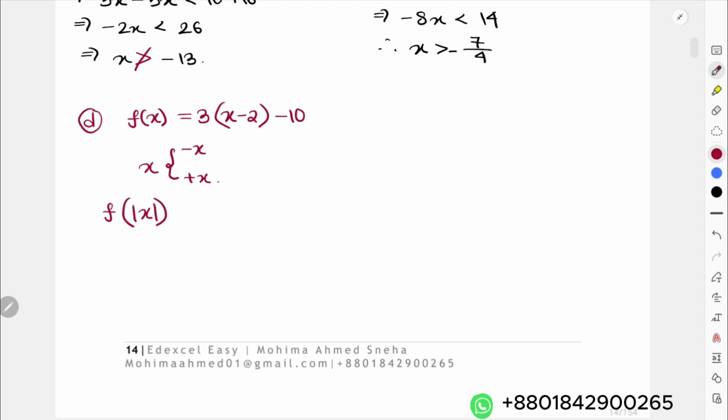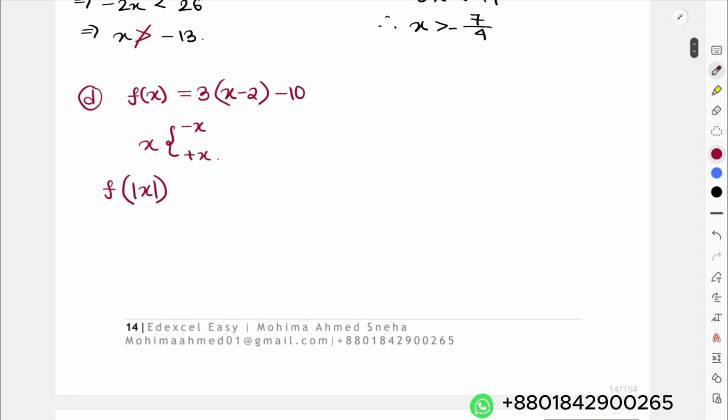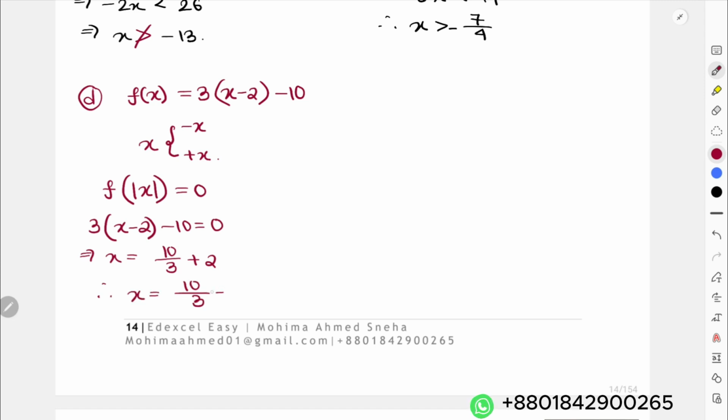Over here, your entire function was supposed to be equal to 0. So you write this equation with positive x as 3 times x minus 2 minus 10 equals 0. So you can get x equals 10 divided by 3 plus 2, so eventually x is 16 by 3, since 6 plus 10 is 16, right?